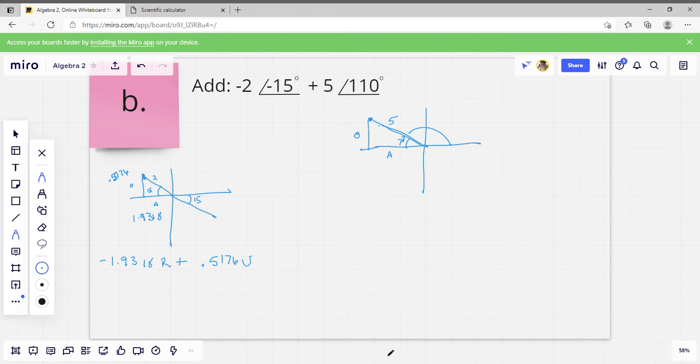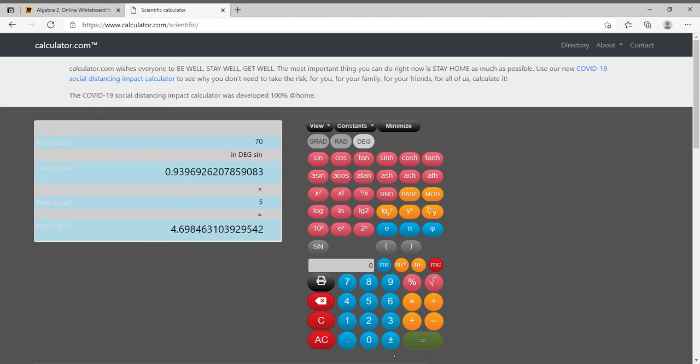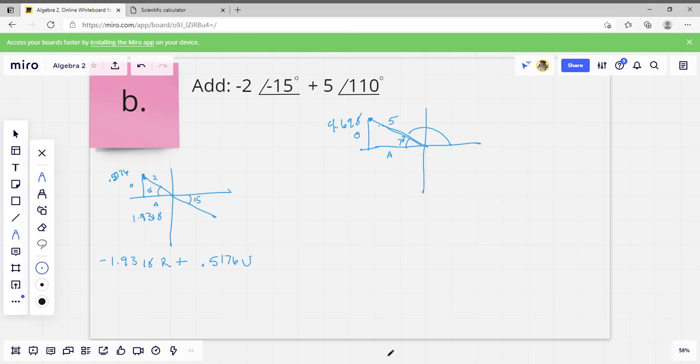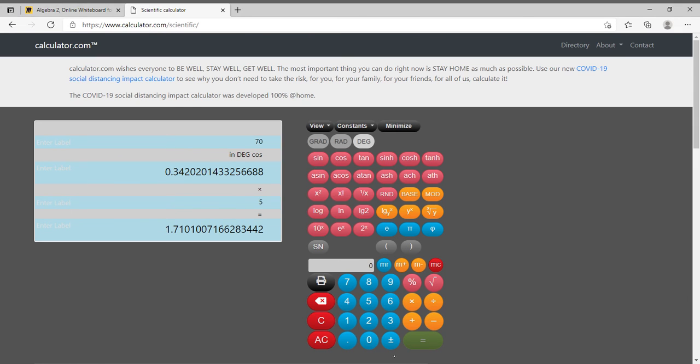That's 4.698. And then cosine of 70 times 5 is 1.710.